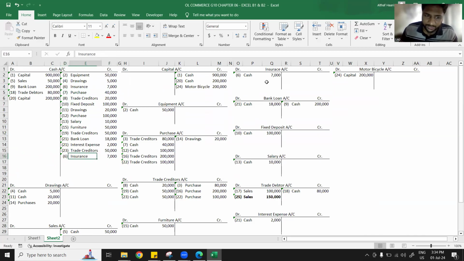Credit cash 10,000, transaction number 26, and debit insurance 10,000.